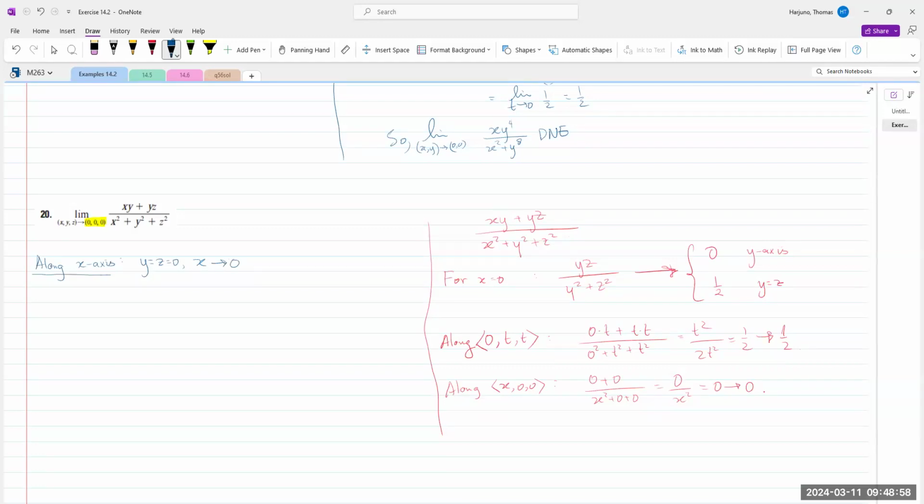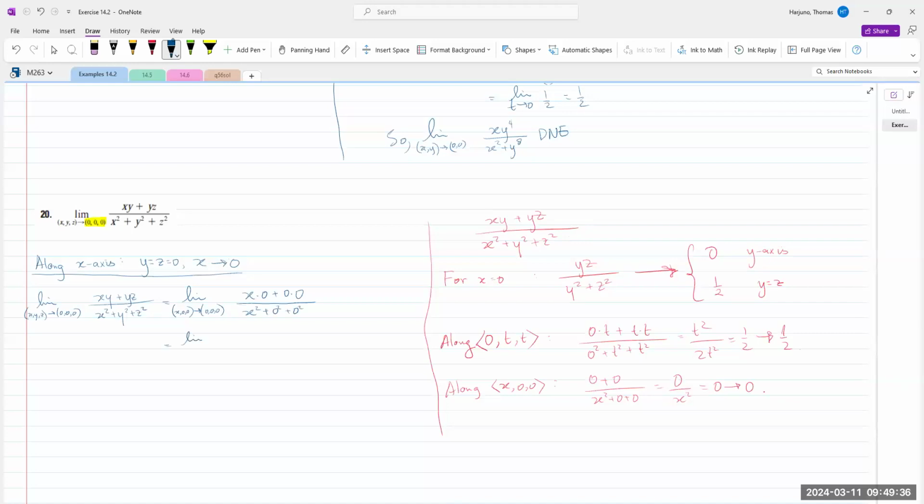Okay, so the limit as (x, y, z) goes to (0, 0, 0) of (xy + yz) over (x squared + y squared + z squared) equals the limit of x times 0 plus 0 times 0 over x squared plus 0 squared plus 0 squared.